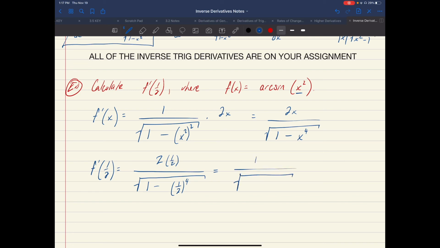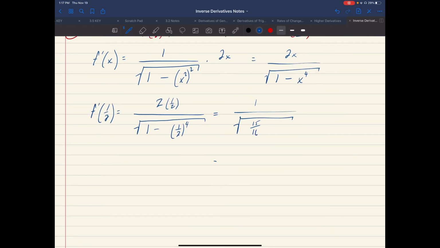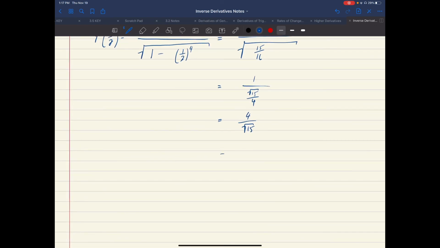So this is just really 1, that would be 16, this would be 15 over 16. And then if I go through with that, I'd have 1 over root 15 over 4. So 4 over root 15. And if I rationalize, I would get 4 root 15 over 15.